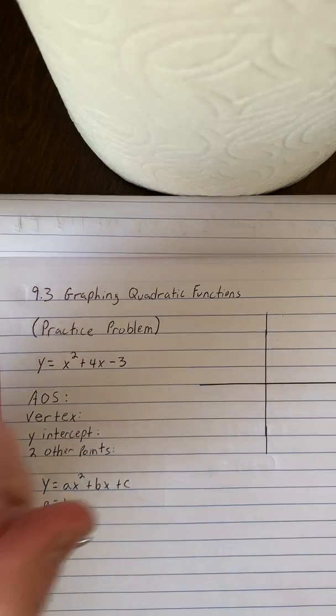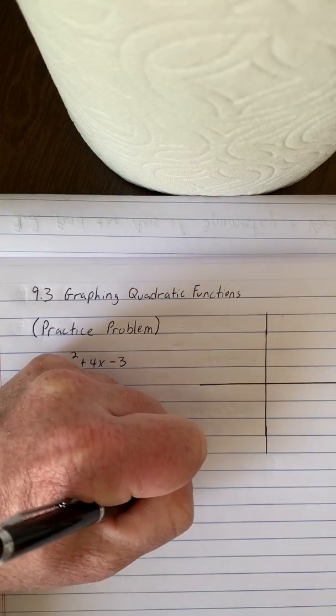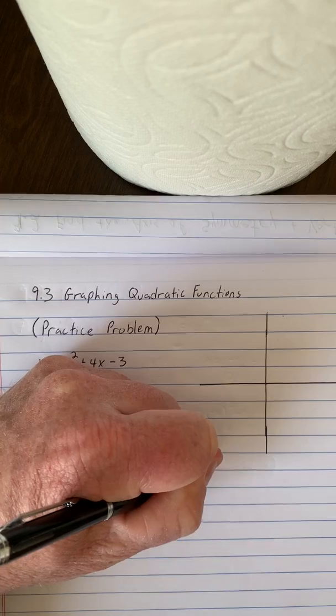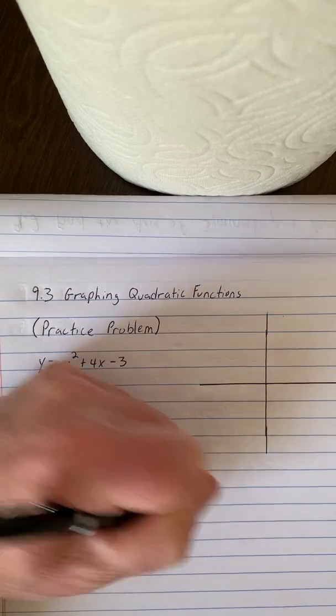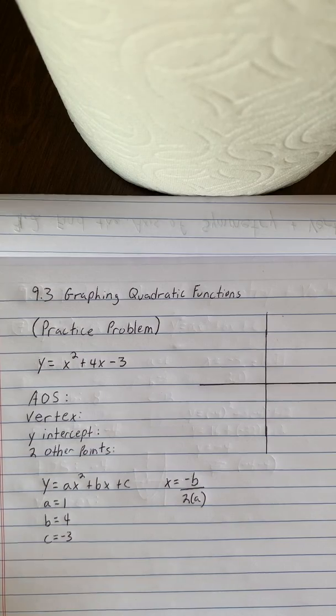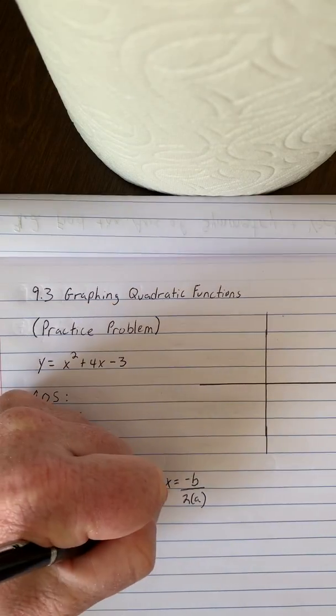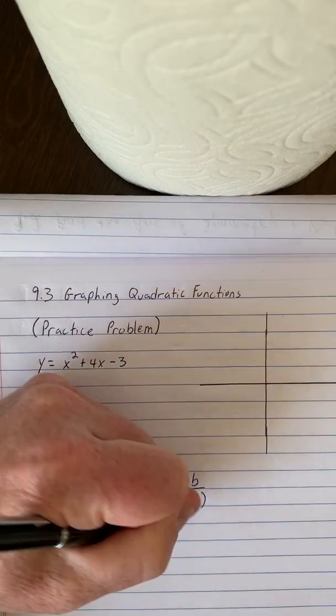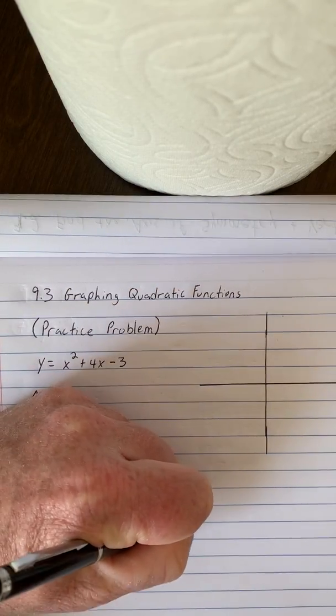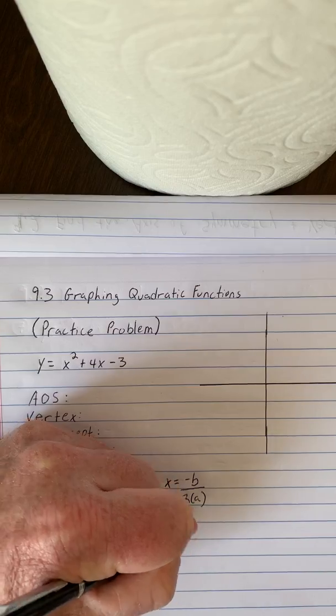We know that AOS is x equals -b over 2 times a. Let's go ahead and plug and play with those numbers. X equals, where's my b? Oh, there it is. -4 over 2 times 1.